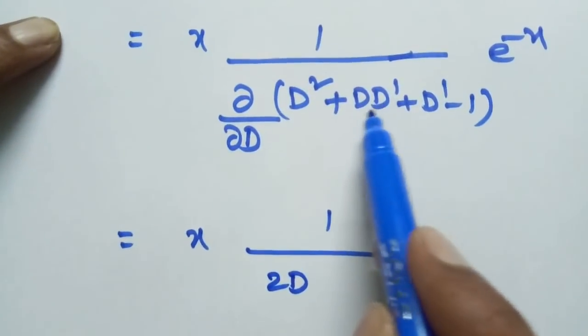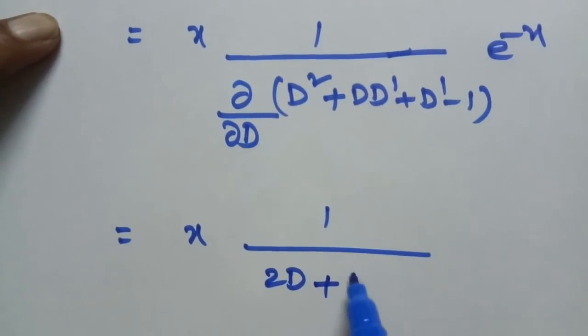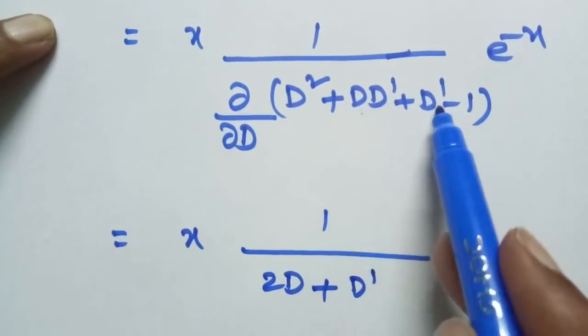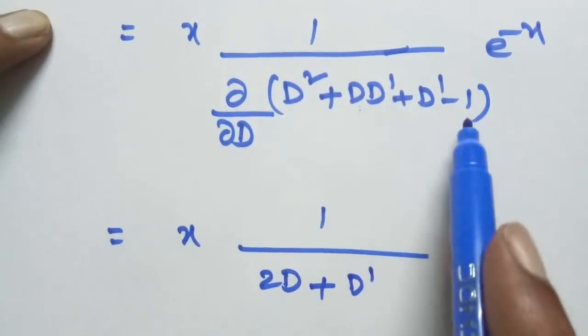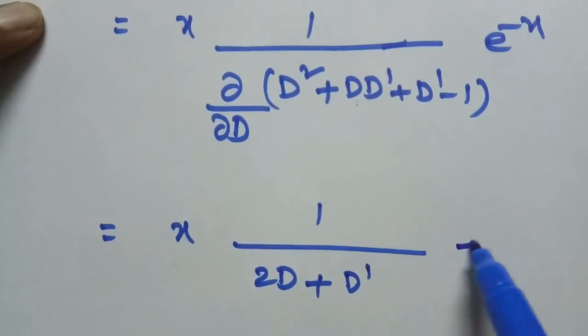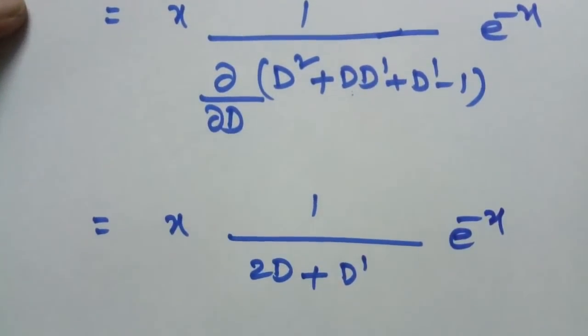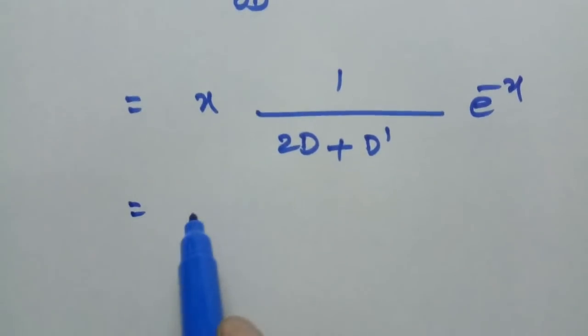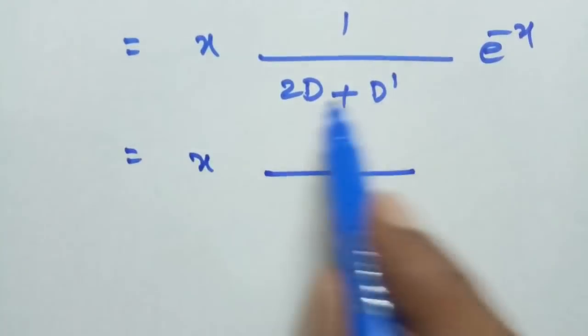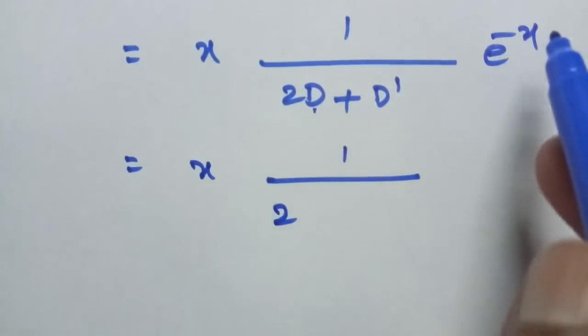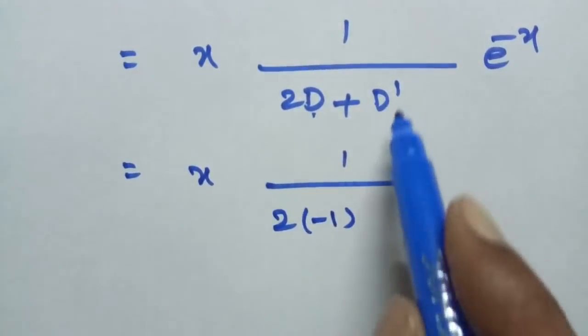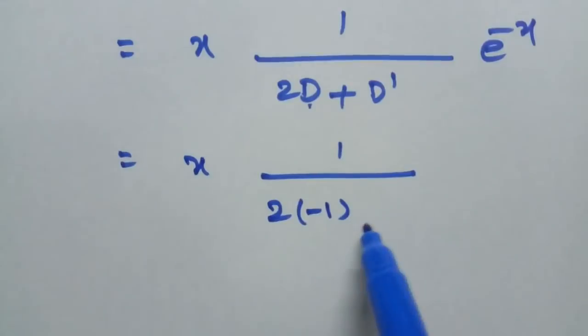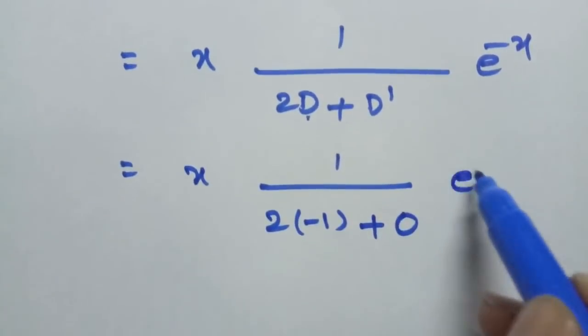Here, the partial derivative of D D dash: D dash is a constant, the derivative of D is 1. D dash derivative is 0. Minus 1 derivative is also 0, into e to the power of minus x. Therefore, now substitute D equal to minus 1 and D dash equal to the coefficient of y, that is b, 0.